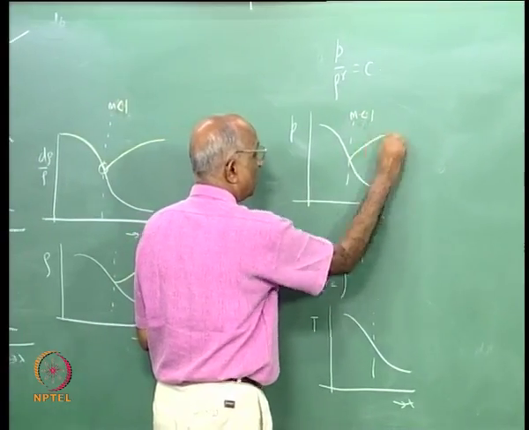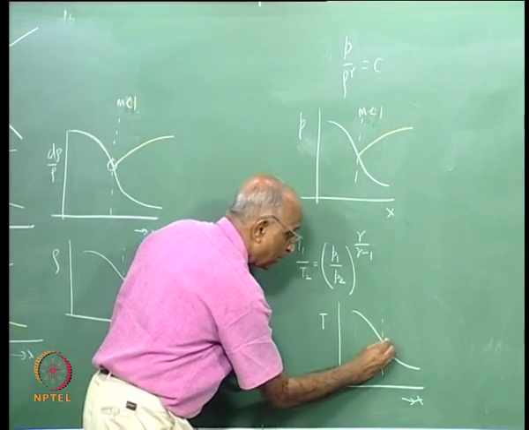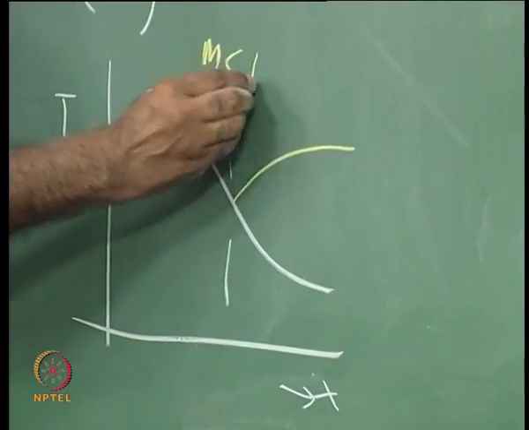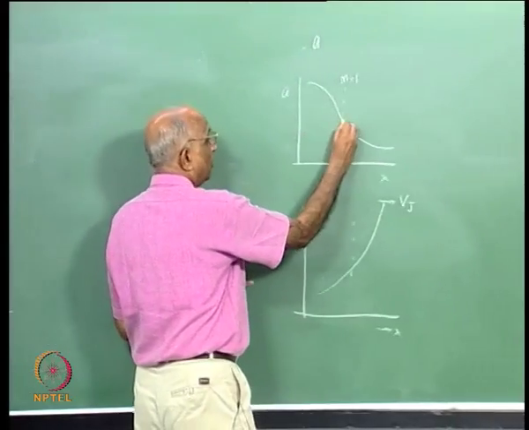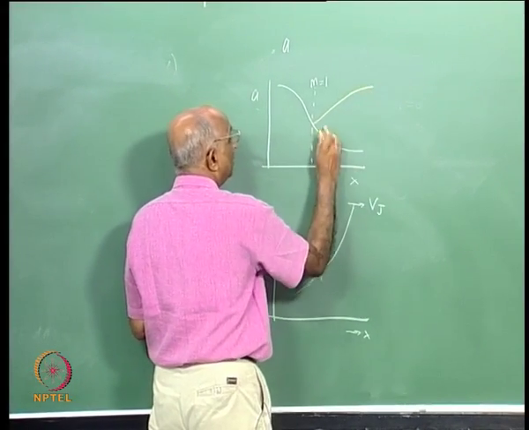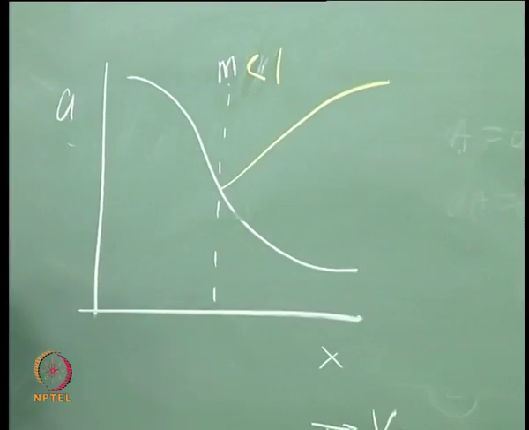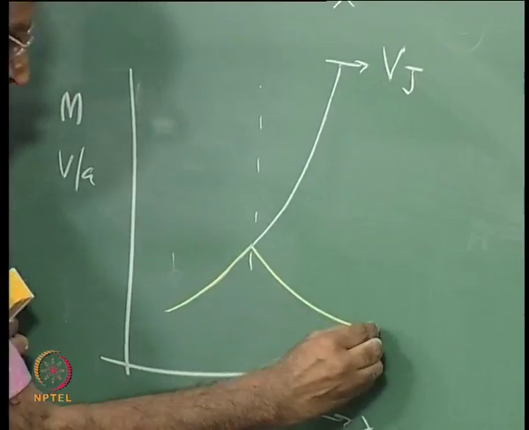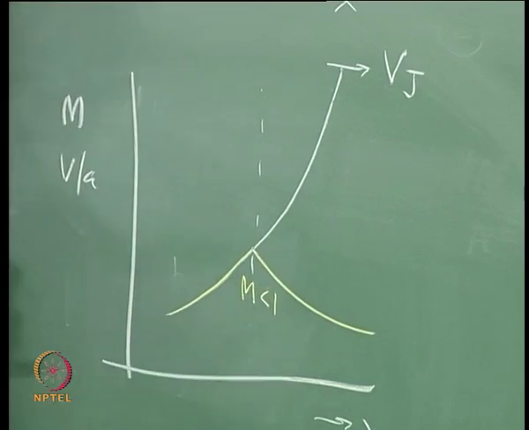The pressure recovers here, instead of falling it recovers over here, temperature recovers over here if the Mach number at the throat is less than 1, and similarly the sound speed falls up to the throat and recovers over here. That means it now becomes less than 1, and therefore I have the same portion here, the Mach number going up to this and coming over here if the value of Mach number at the throat is less than 1.